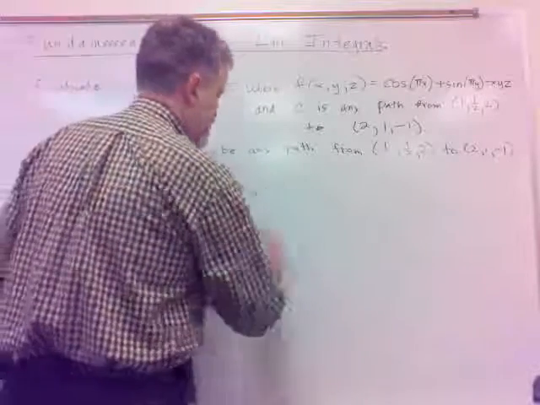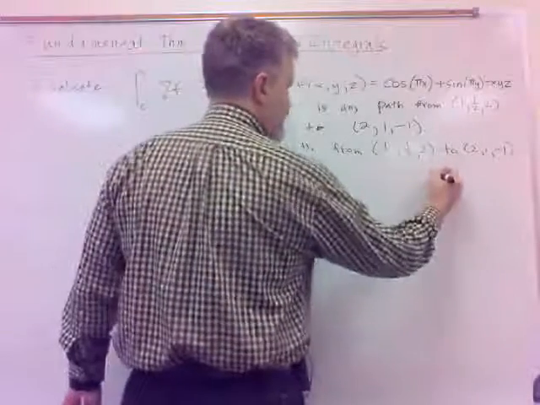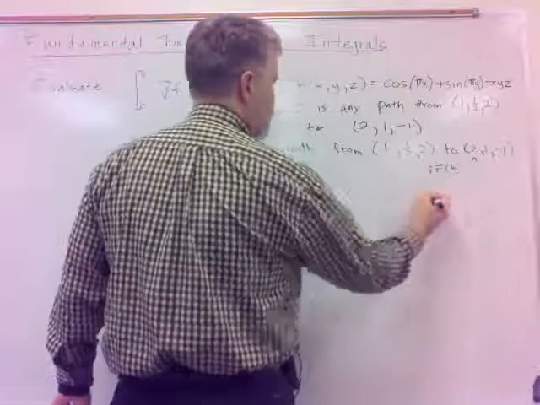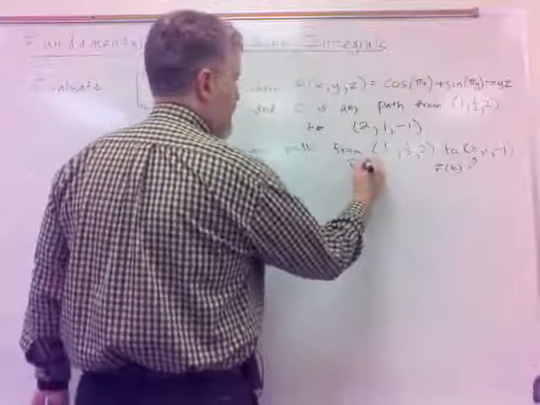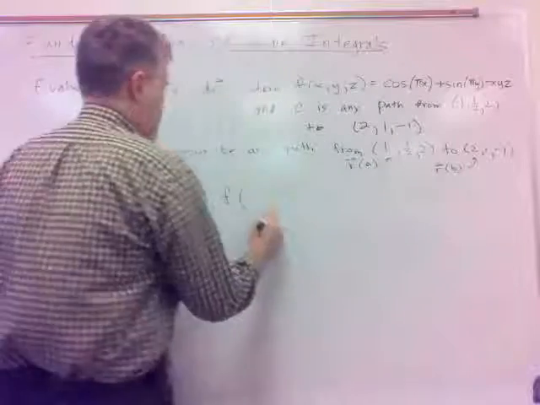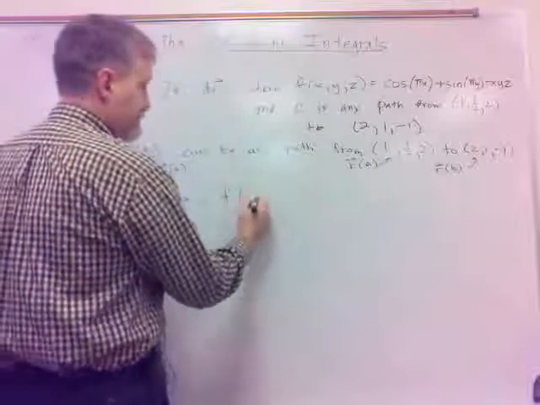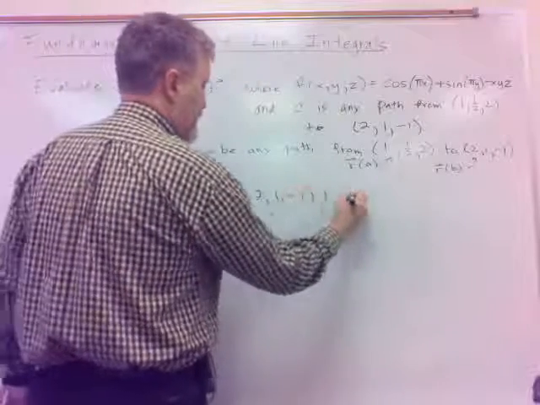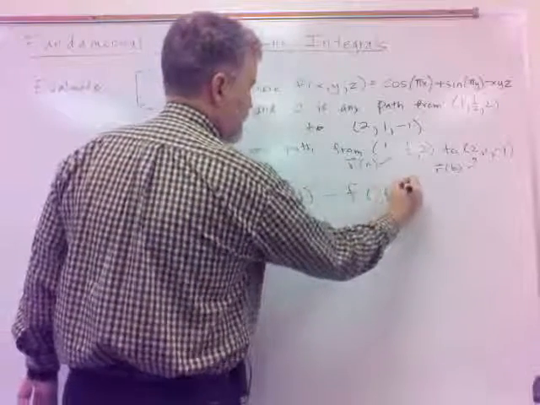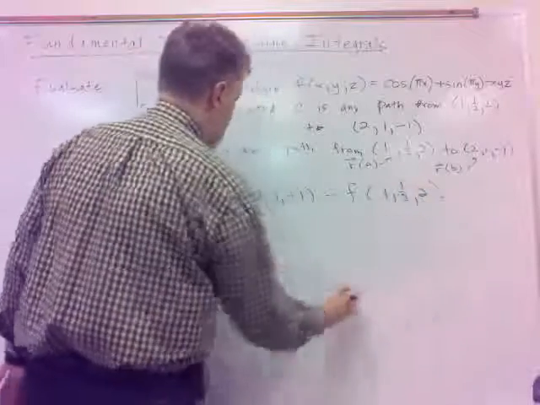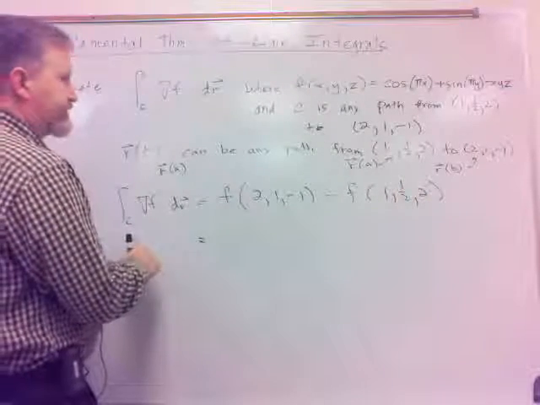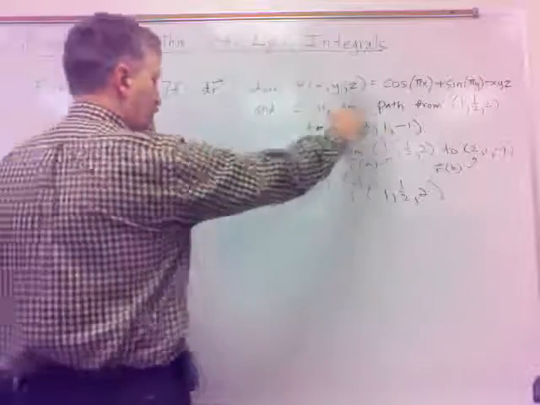This would be our r of b, this is our r of a. So f of r of b, so it'd be f of (2, 1, -1), minus f of (1, 1/2, 2). And so to evaluate this line integral, all we have to do is plug those into our original function.